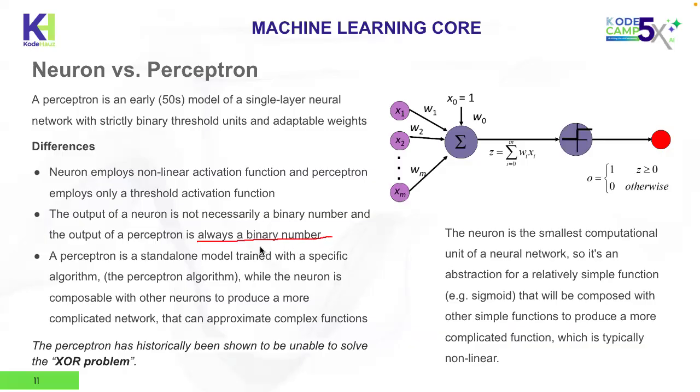So that's 2. Then the third one is that a perceptron is actually a standalone model trained with a specific algorithm. In those days, there was nothing like layers or stacking of layers of neural networks or backpropagation. That didn't exist then as an algorithm; the knowledge of AI didn't get to that point yet. So the only way you could use a perceptron is as a single layer, where you can then calculate the parameters.